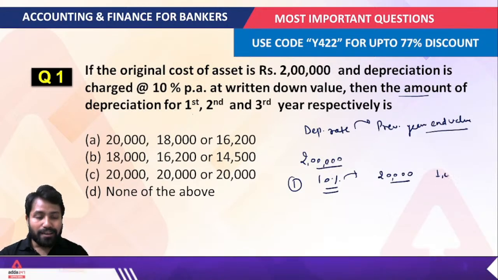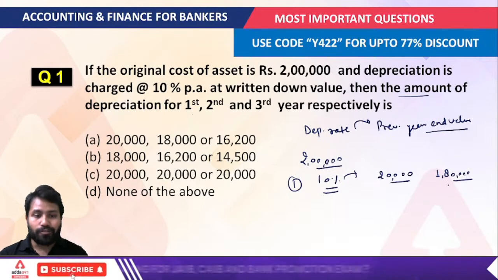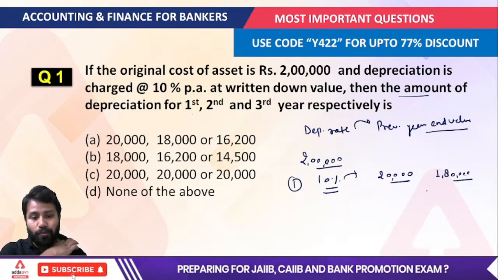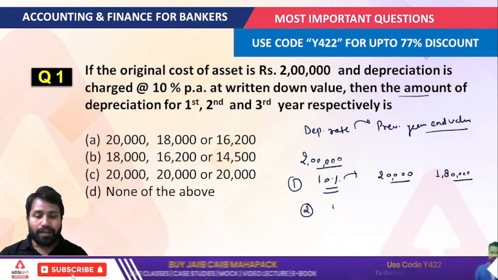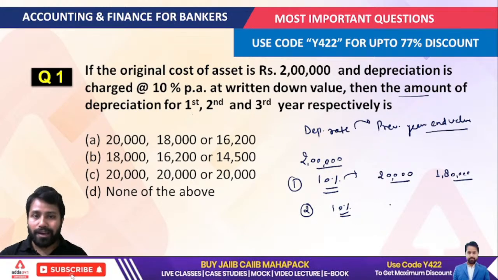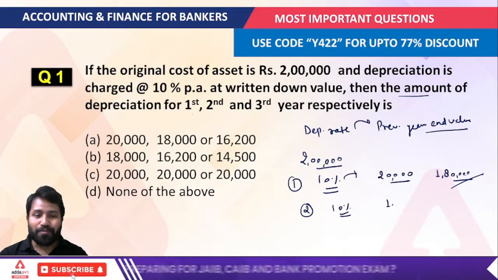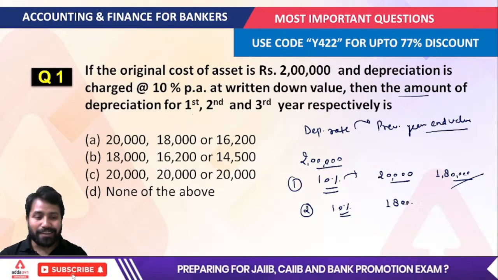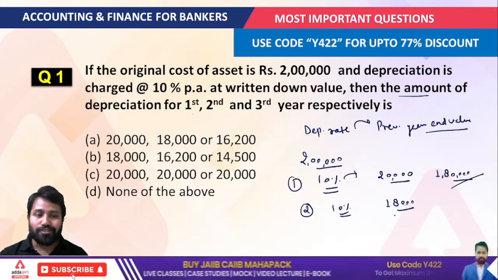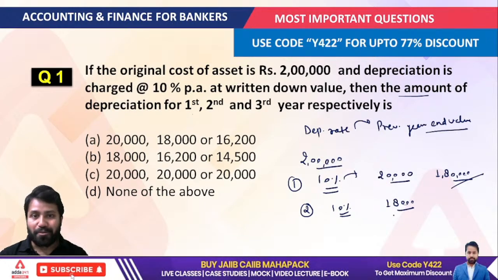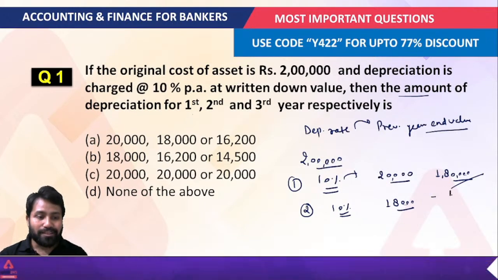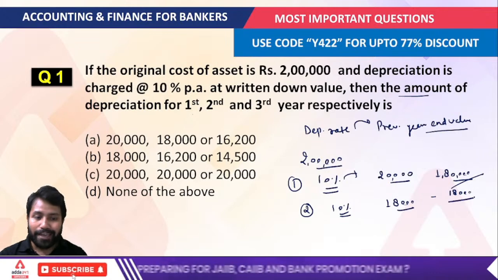You will say 1,80,000 rupees. Now again the 10% rate is applied on this value. So what is the depreciation amount? You will say 18,000. Now we have to subtract this 18,000 from the 1,80,000.